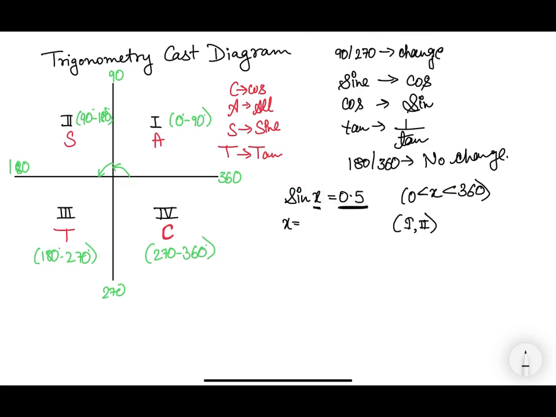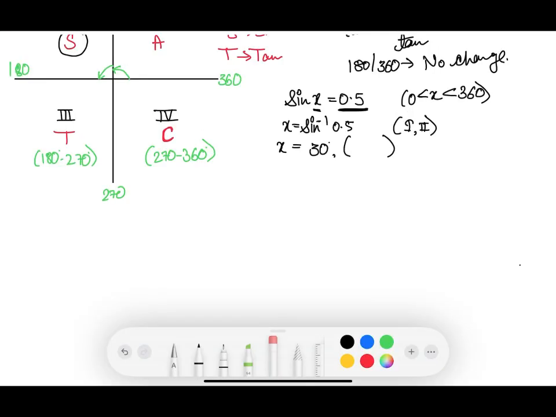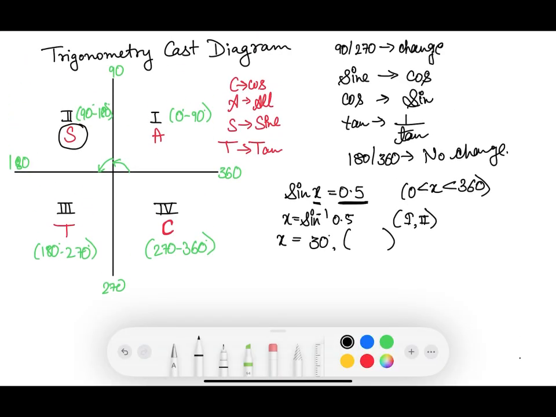So x will be sine inverse 0.5, and we know the value is 30. For the second value, I told you when it's 180 and 360, no change.